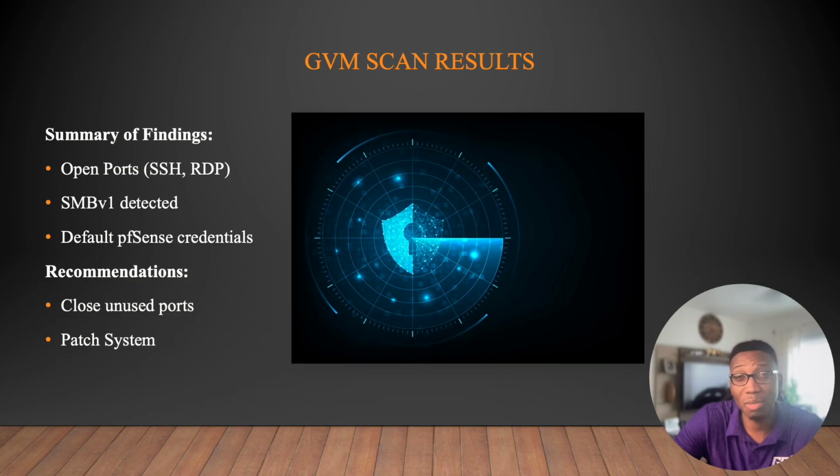One important finding was that my pfSense firewall still used default credentials, a serious security risk. Based on these findings, my recommended steps would include disabling unused services, enforcing stronger passwords, patching all software, and tightening firewall rules to close any unnecessary ports.